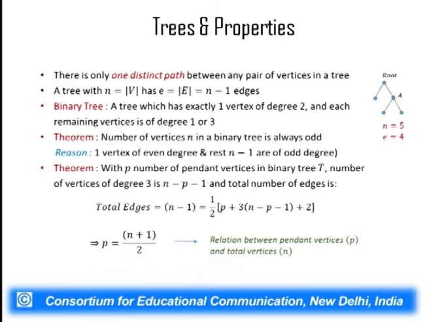In trees, there is only one distinct path available if we are traveling from one vertex to another. A tree might have n vertices and correspondingly n minus 1 edges.